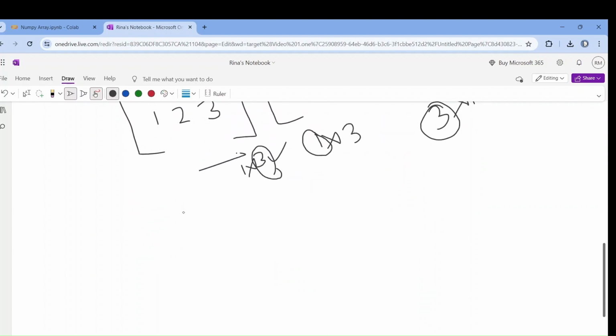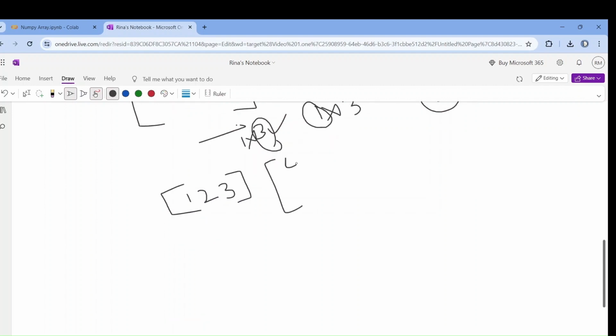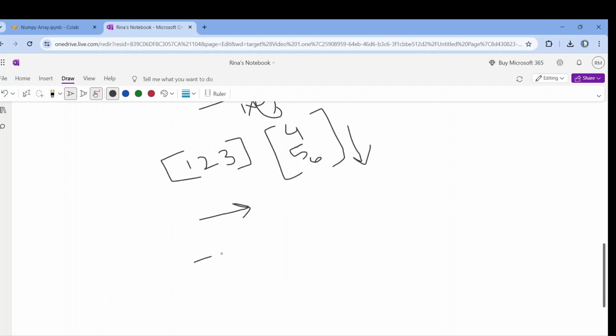Now, how to do the multiplication? 1, 2, 3. Fine. Next, 4, 5, 6. Okay. Now, the rule of multiplication, if you don't know, concentrate here because it is kind of important and confusing for some people. If you don't understand, then only. So you have to follow these rules. It will go in this way and it will go downwards. Fine. So I will take the first value, 1 into 4. So I will write 1 into 4.